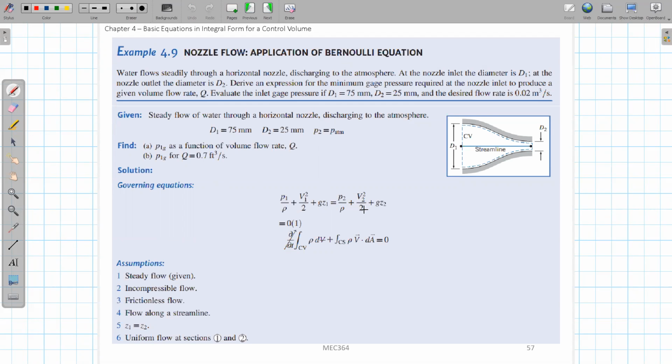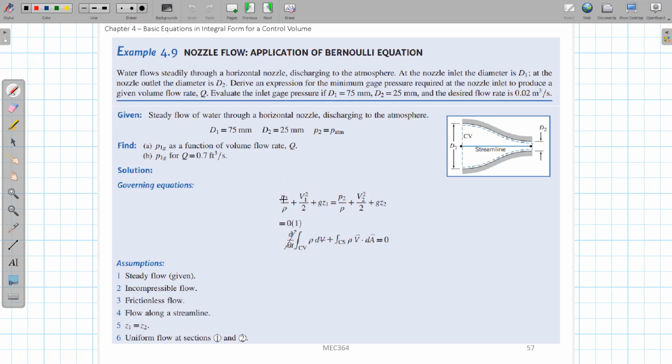If the density is constant and the desired mass flow rate is known, we can immediately calculate the velocity correlation between the inlet and outlet from mass conservation, because density times velocity times the cross-sectional area at the inlet will be equal to density times velocity times the cross-sectional area at the outlet.